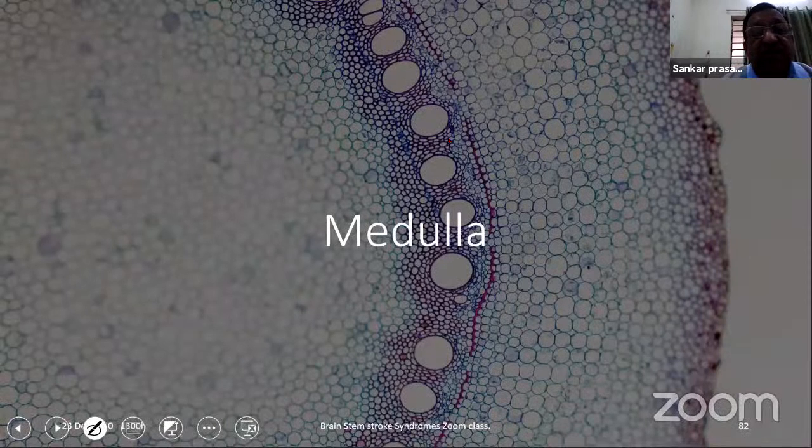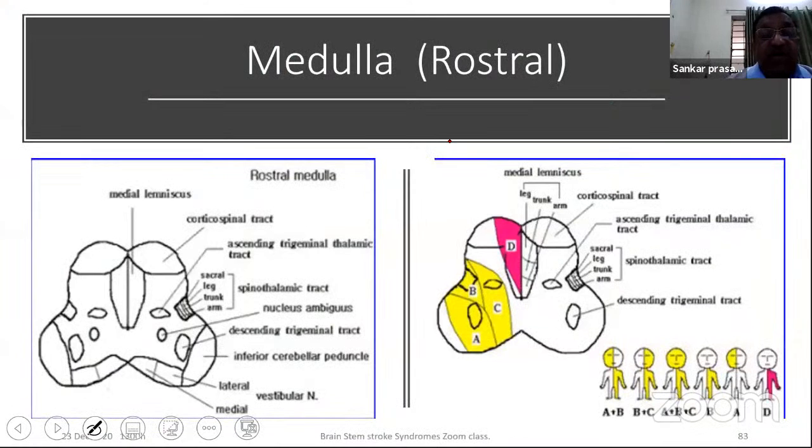So we have covered midbrain, we have covered pons, and come to medulla, and medulla has the corticospinal tract here. This is the medial lemniscus, and you have the spinothalamic tract, ascending trigeminal thalamic, nucleus ambiguus, descending trigeminal tract, inferior cerebellar peduncle, and posteriorly or dorsally you have the vestibular nuclei.